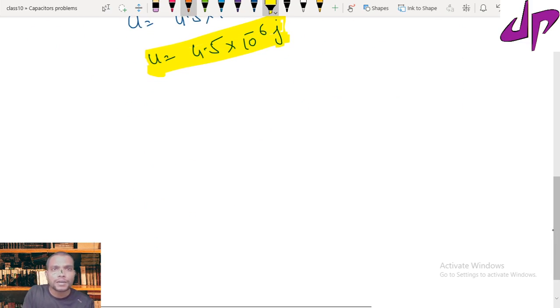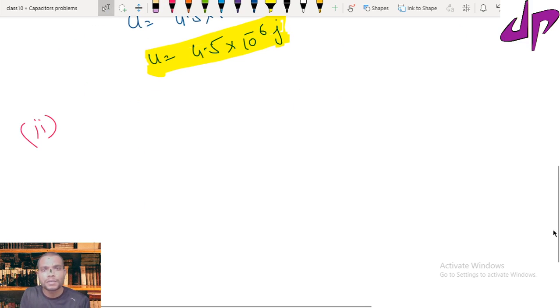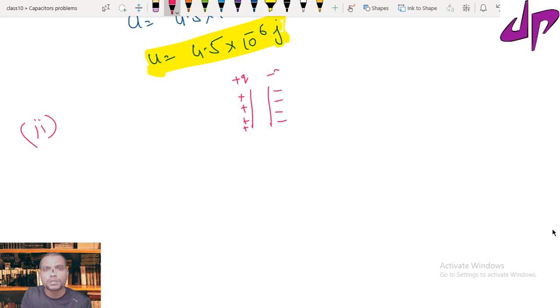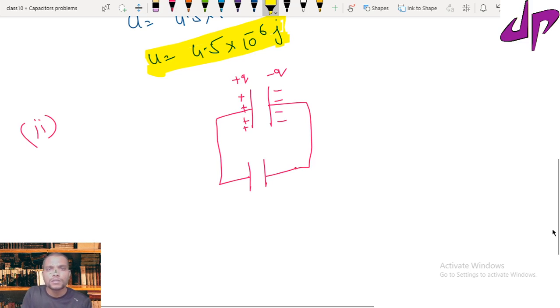For the second part, now that capacitor which is already having charge plus Q, this is positive charge and this is negative charge, is connected to an uncharged capacitor.